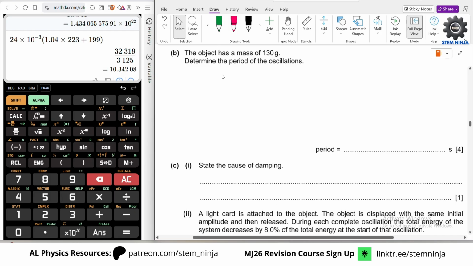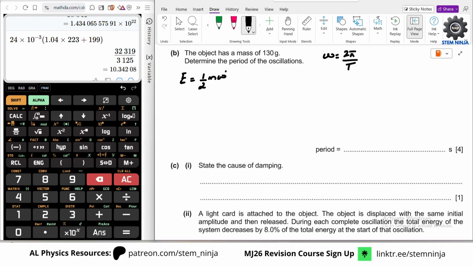The object has a mass of 130 grams. Determine the period of oscillations. We can only determine the period if we know omega, so first we need to find omega. We can do that using the total energy, half m omega squared x naught squared, which is the maximum energy, the maximum kinetic or maximum potential. So we need omega squared first: 2E over m x naught squared.